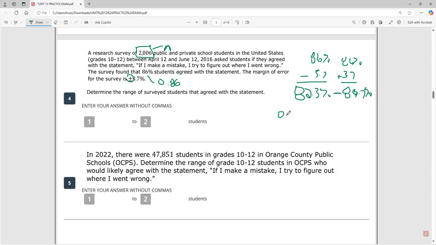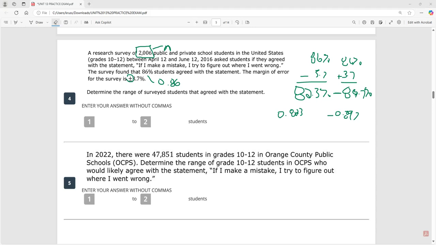So 0.823 to 0.897. Okay. There's no 7 here. What am I doing? Okay, so 0.823 all the way to 0.897. So what is 0.823 of 2006? I'm going to do it on my calculator. 0.823.